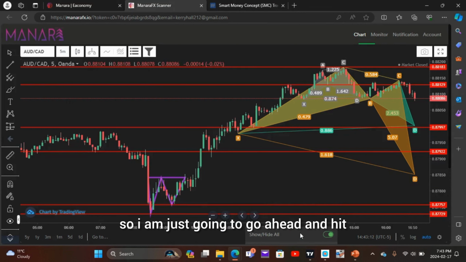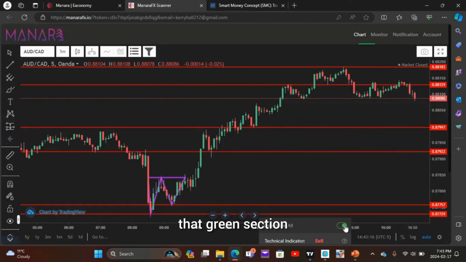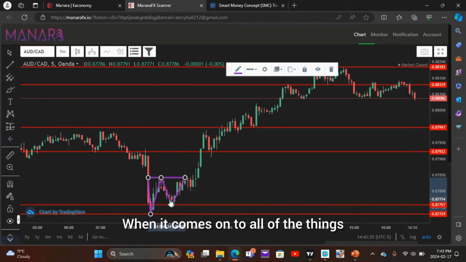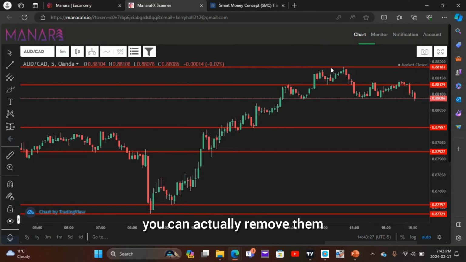So I am just going to hit that green section, and there you go, it's gone. When it comes to all of the things that you've got on your chart, you can actually remove them if they're a bit confusing to you.